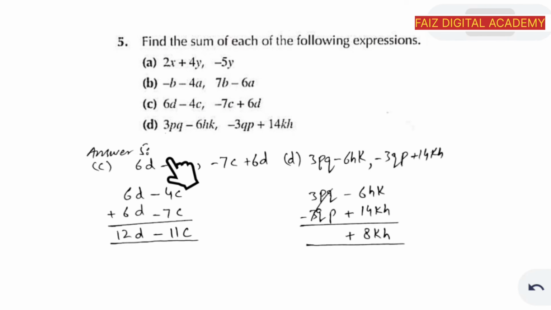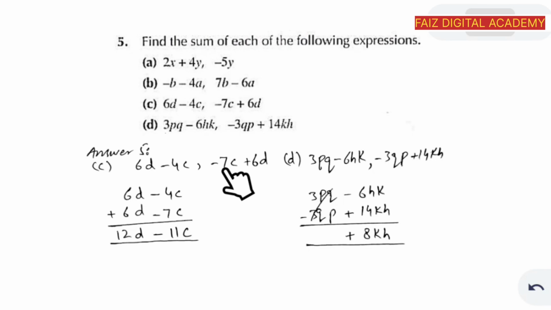For the C and D parts, I have opted for another method. In this method we write the two terms which we have to add over one another, for example 6d minus 4c and minus 7c plus 6d. But when we write the second term, we have to write the terms with the same variable together.